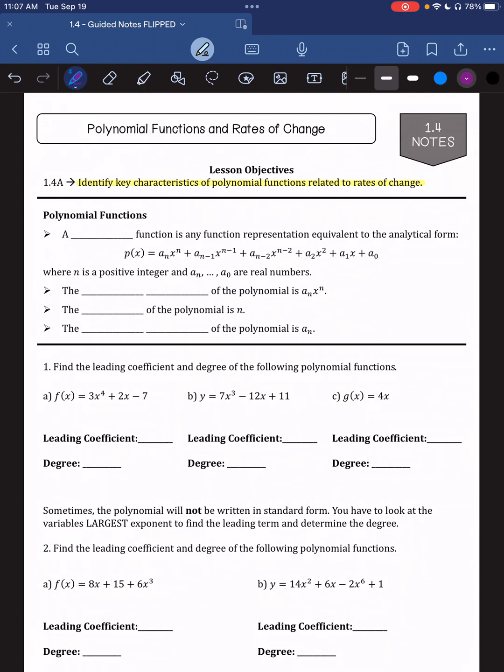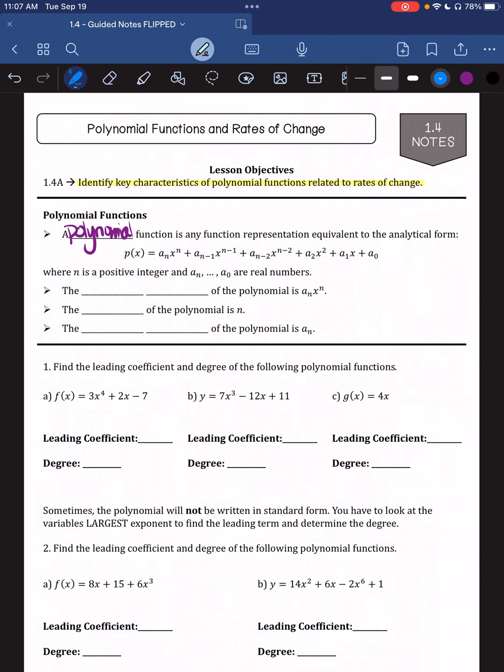So the first thing is let's fill out some of this vocab. A polynomial function is any function represented equivalent to the analytical form. I know that's a lot of math lingo, but what is really important to take away is that a polynomial is a function that has multiple terms.